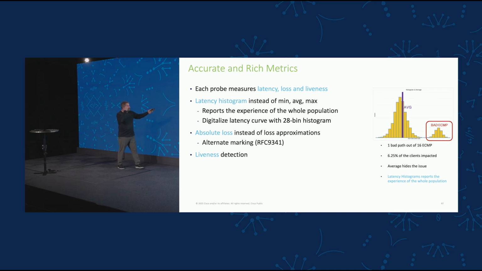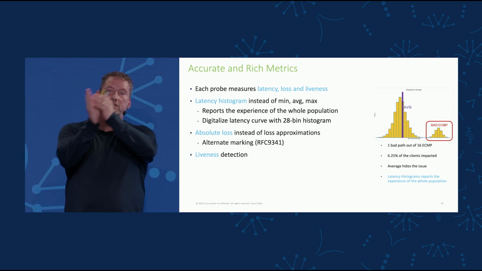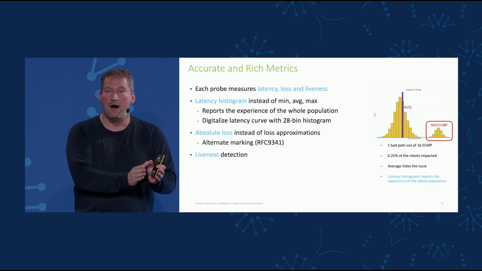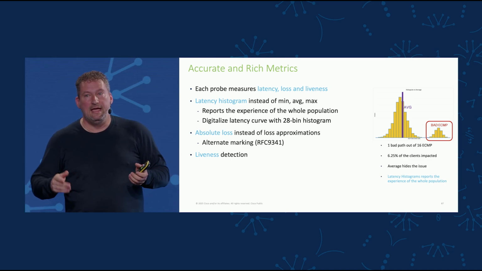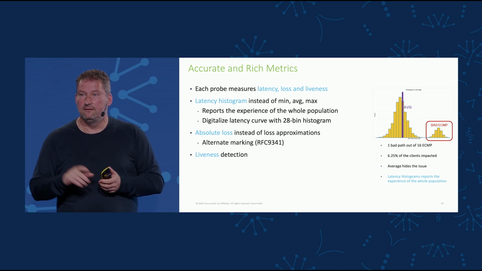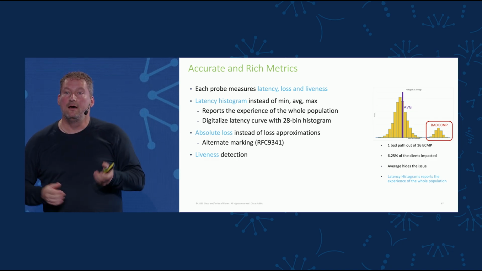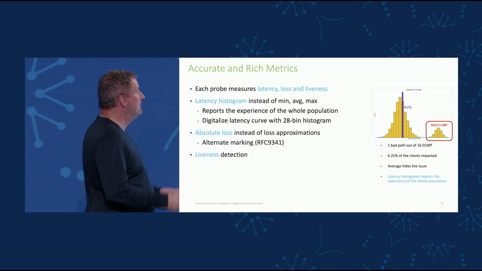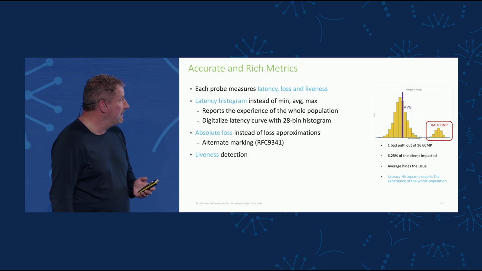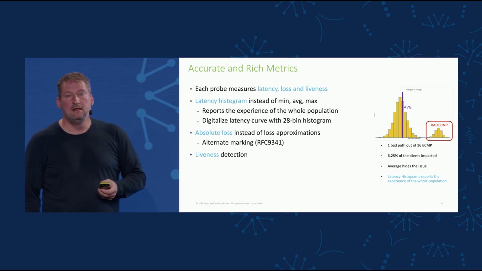Alternate marking is the technique where we have a blue and a red counter, and we send traffic against the blue counter for, say, a minute, right? Then we switch back to the red counter. Why? Because if you've done any traffic measurement, you have to stop the packets, right? If I send 10,000, then I know what I expect, and I can get an absolute loss measurement out of it.